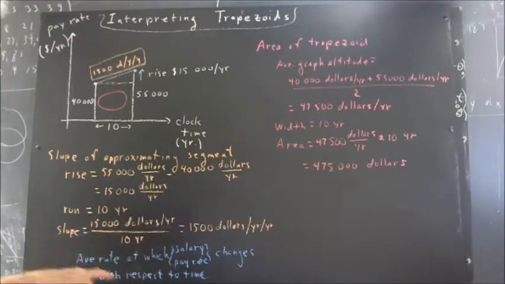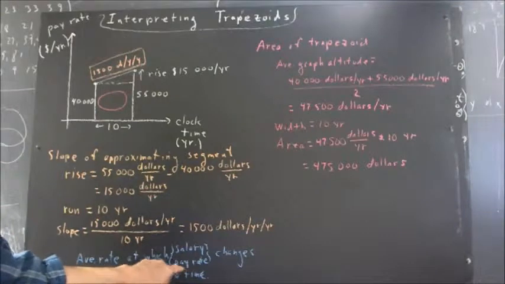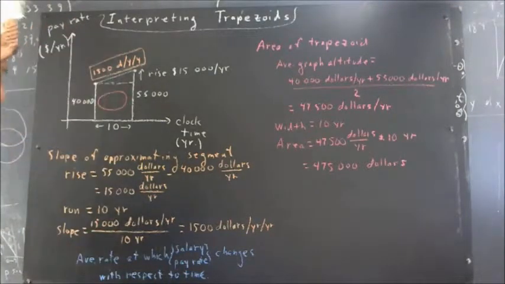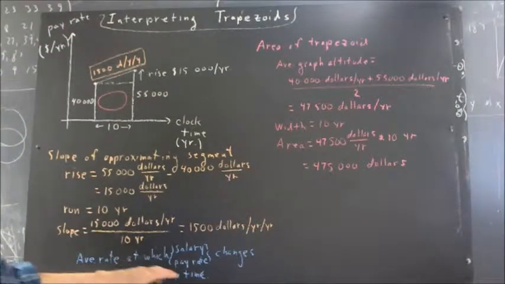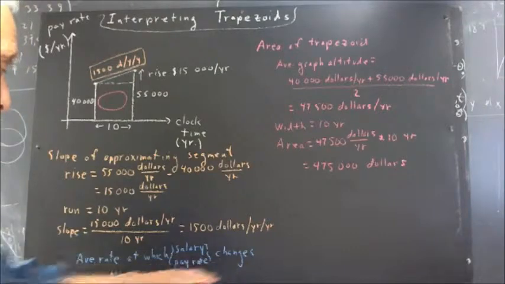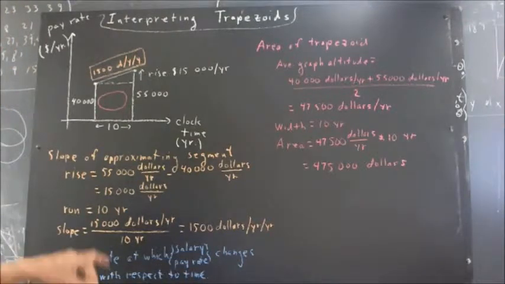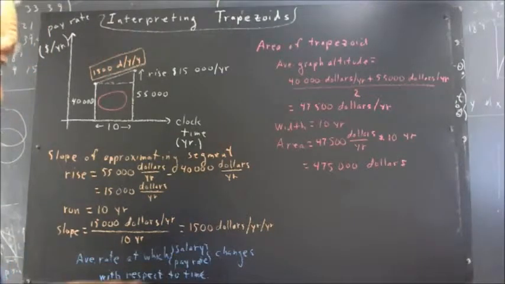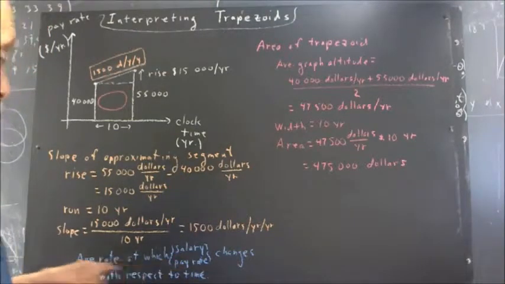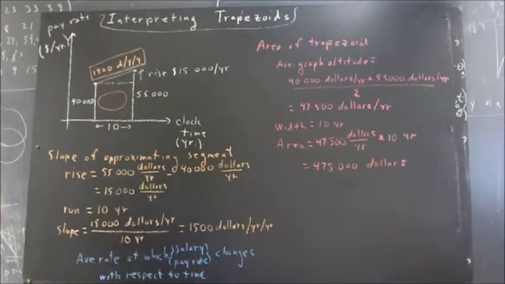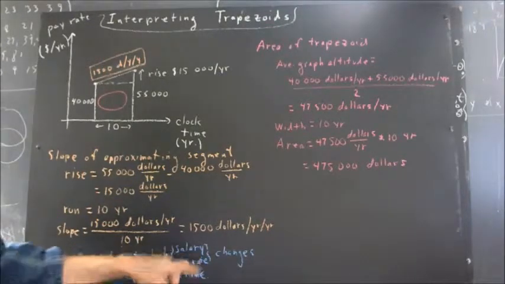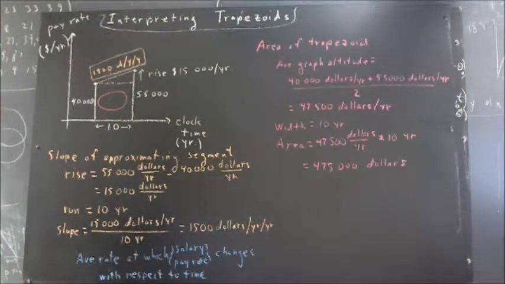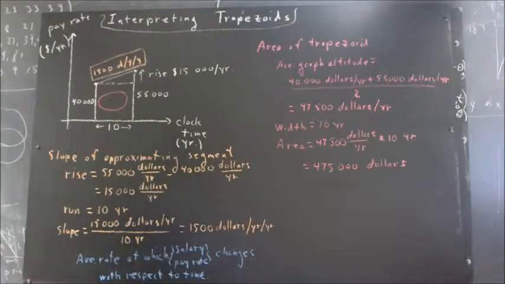And of course we can also read salary as pay rate, which is what we originally said, and then we have the average rate at which a pay rate changes with respect to time. So we have the rate of change of a rate. Okay, so that's a little more confusing, but that's actually what's going on, and we'll deal with that sort of thing later on, or progressively as we look at a couple of other examples.